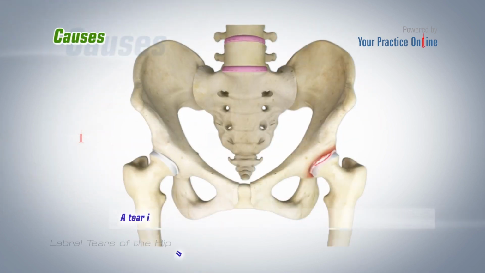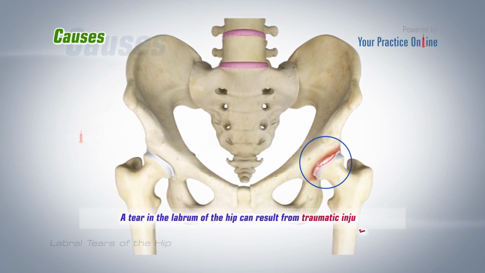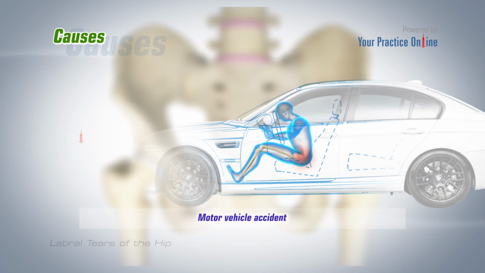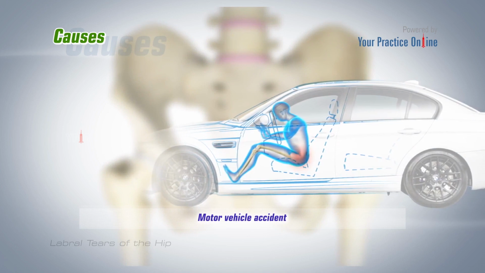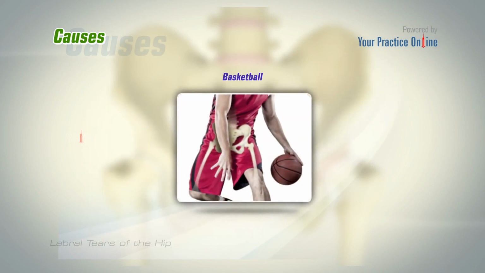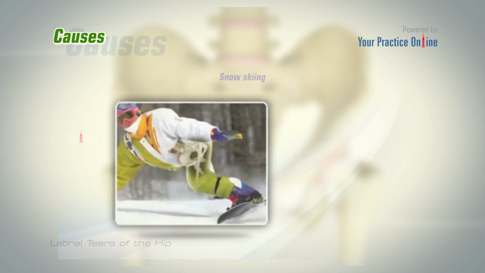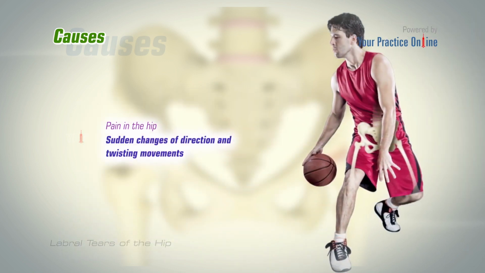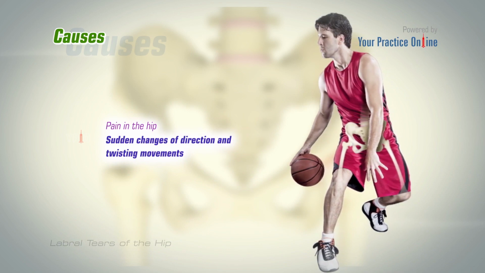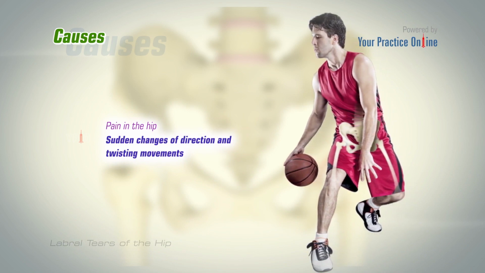Causes: A tear in the labrum of the hip can result from traumatic injury, such as a motor vehicle accident, or from participating in sports such as football, soccer, basketball, and snow skiing. These sports are associated with sudden changes of direction and twisting movements that can cause pain in the hip.